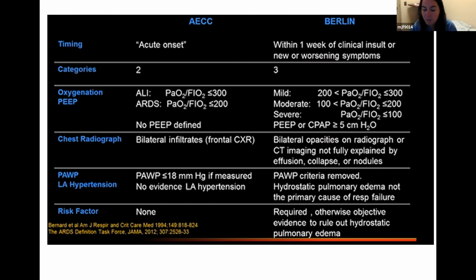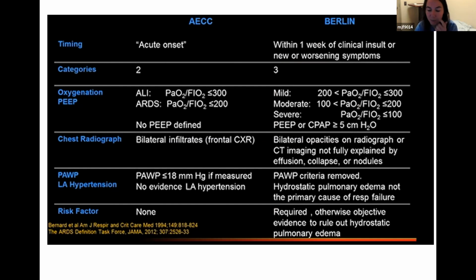So at the American European Consensus Conference in '94, this P to F ratio was used to establish official definitions. And they had a definition for acute lung injury, which was a PaO2 to FiO2 ratio less than or equal to 300. And then within this umbrella of acute lung injury, there was a subset called ARDS, which was a P to F ratio of less than or equal to 200.